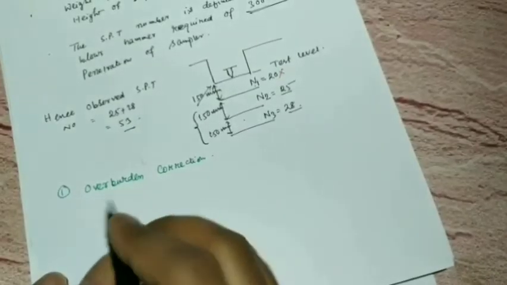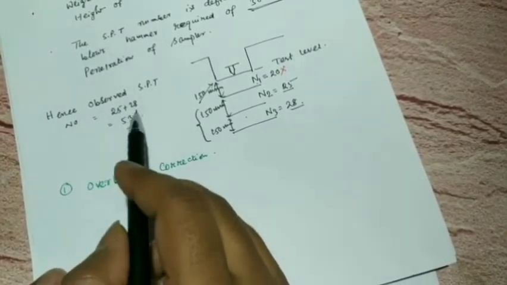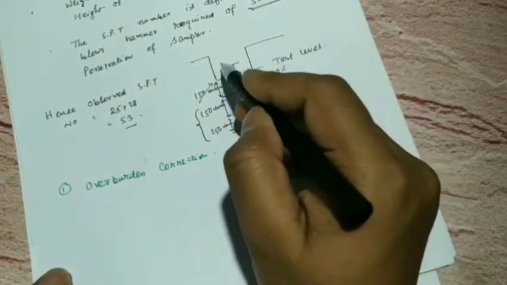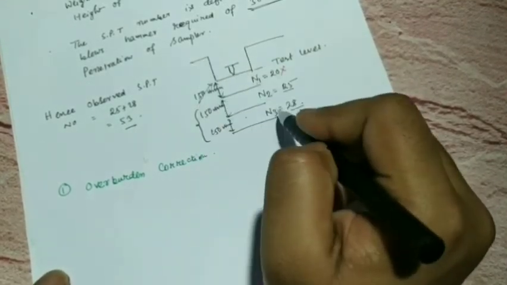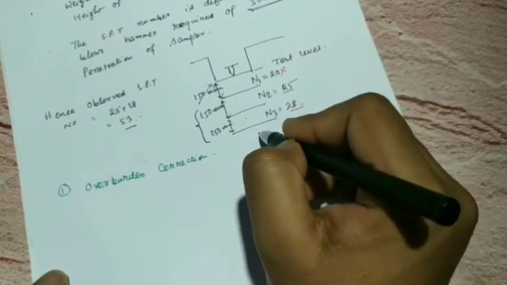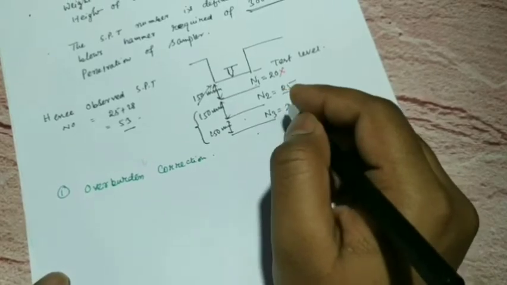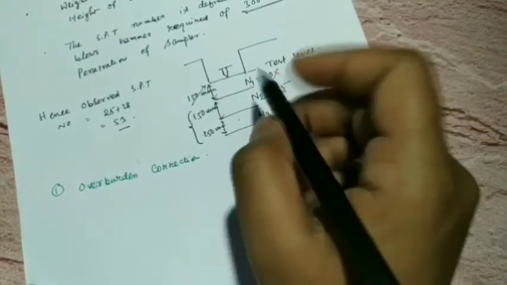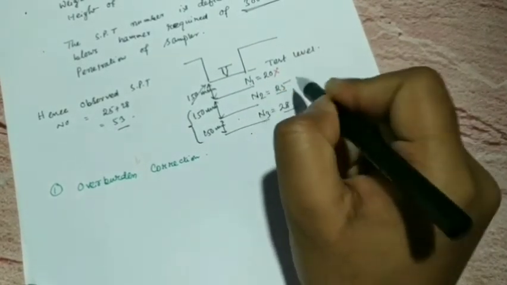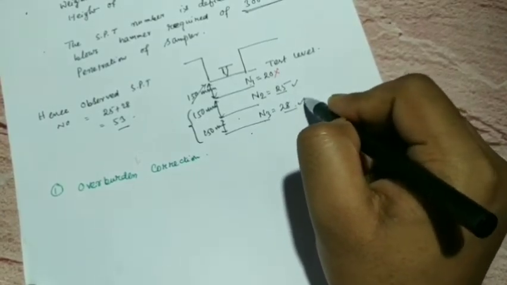Now look, what is overburden correction? Actually the value of SPT obtained by performing this test, it is necessary to correct this value, because suppose look, two granular soils possessing the same relative density, suppose 1 and 2. This is a kind of soil, this is another kind of soil.